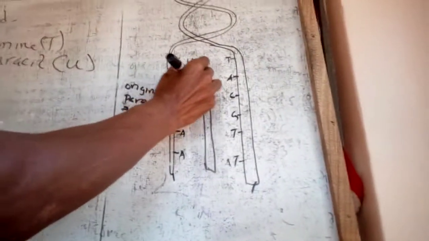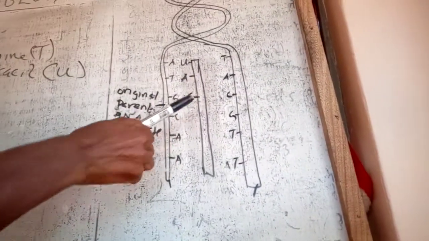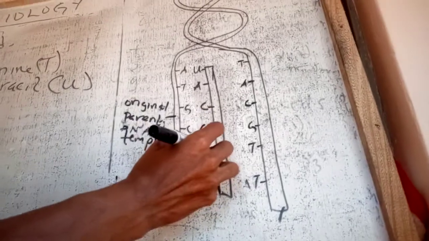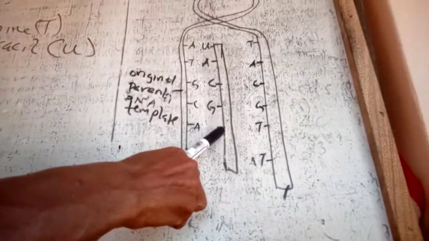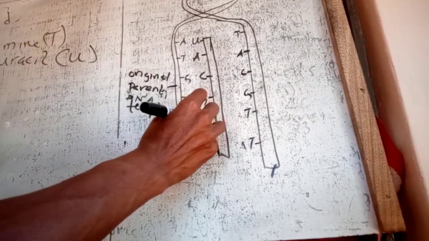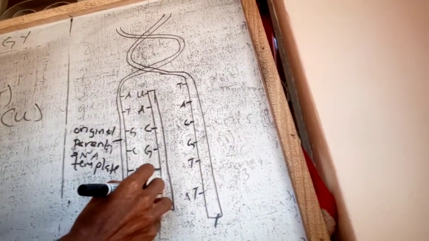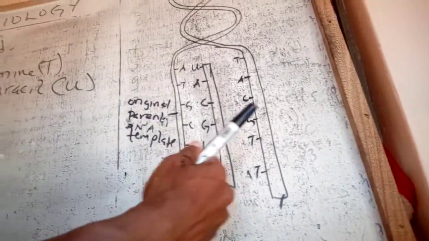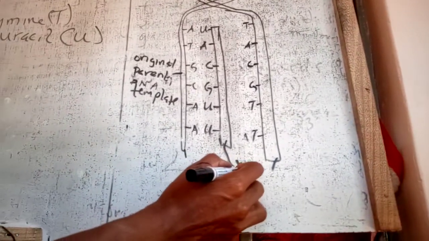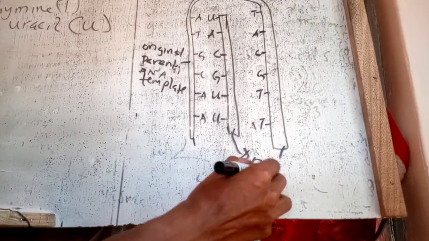Guanine links with cytosine, cytosine links with guanine, and adenine will link with thymine, but because we are forming RNA, we are supposed to put a U. There is a uracil, and this one will have another uracil because thymine will always be replaced by uracil, and therefore this is the RNA formed.